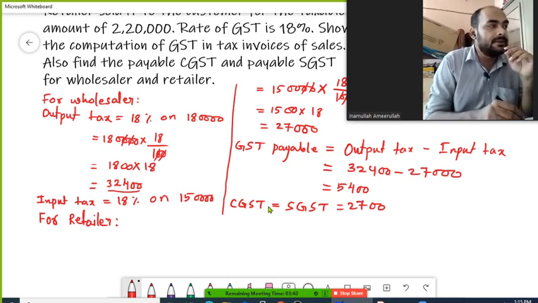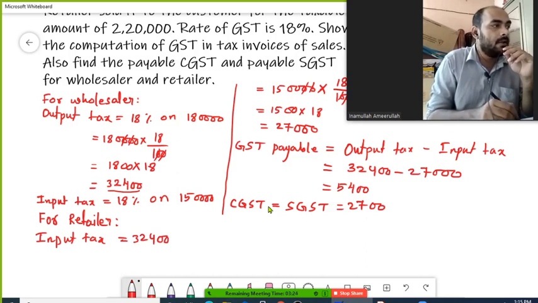So this is the output tax of the wholesaler, and the same amount will become the input tax of the retailer. So input tax of the retailer is 32,400.